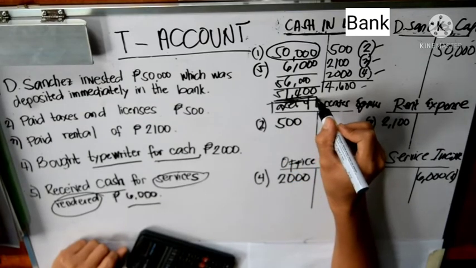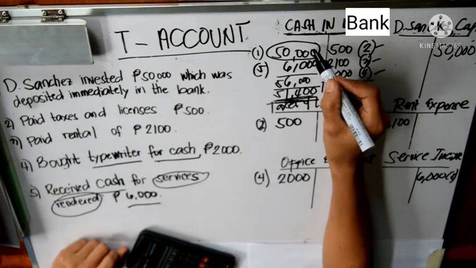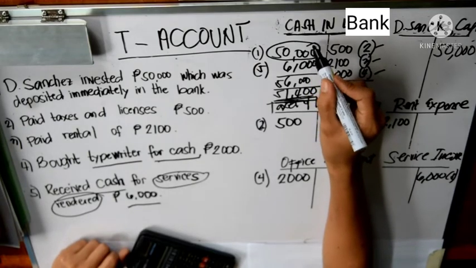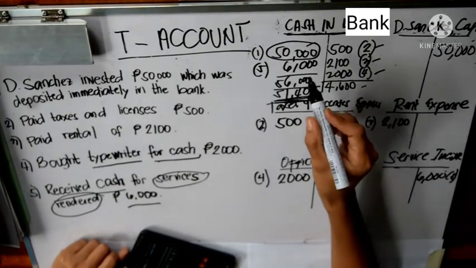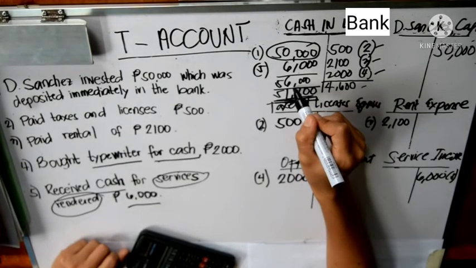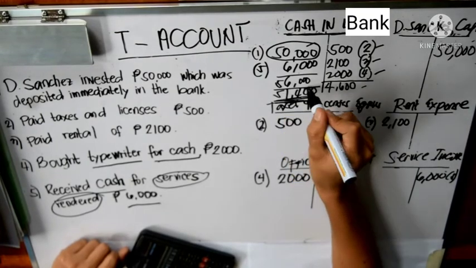Di ba meron tayong 50,000 na nag-invest ng capital si owner. And then, meron tayong natanggap na service income na 6,000. So, yung total cash in bank natin dapat ay 56,000 pesos.